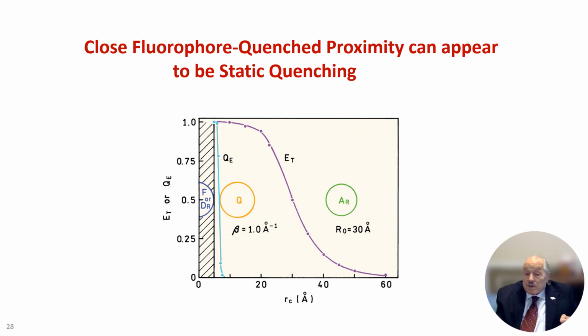In this very extreme example, we consider that we have an acceptor for the fluorescence rather than a dynamic quencher, and then we have a dynamic quencher. And there's always, for all fluorophores, a sphere of interactions around the fluorophore, and if there's a quencher within that sphere of interactions, the probability of quenching is 100%.